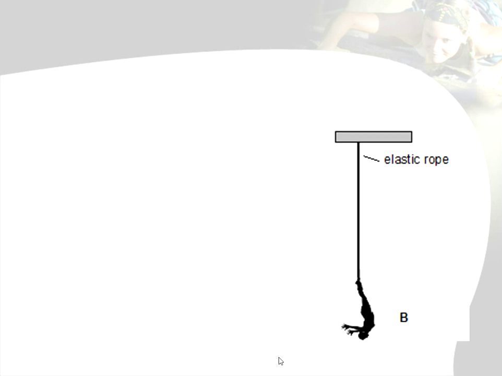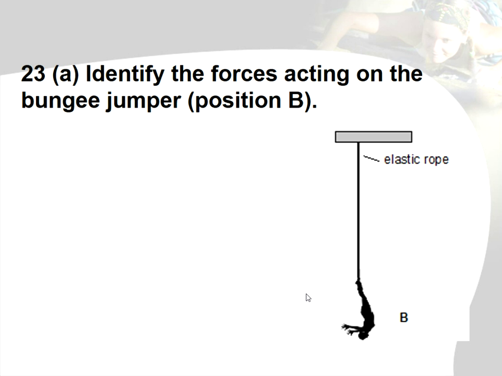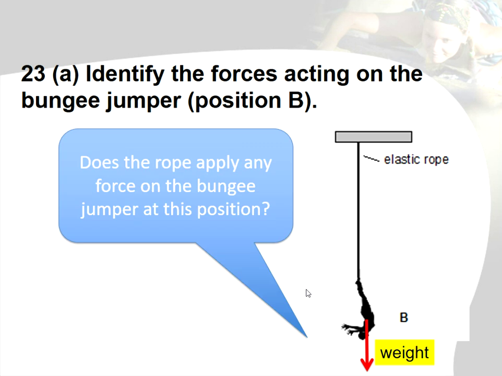Now the moment it is taut, when he reaches the minimum point, the rope is straight, right? It is now taut. There is tension already. So there is still the weight. The weight will always be there. You cannot get rid of your weight. Always will be there. But there is a pull upwards.